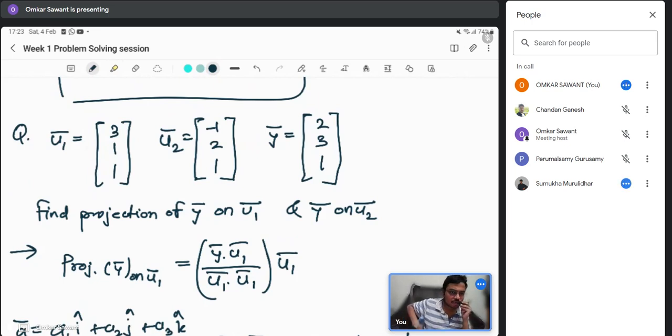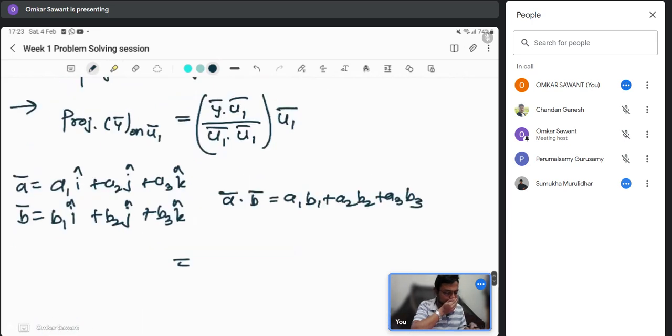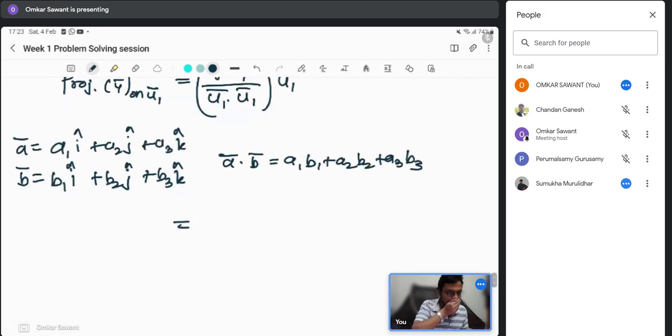What will be this y bar dot u1 bar? Sir, should we add the terms of the matrix, sir?